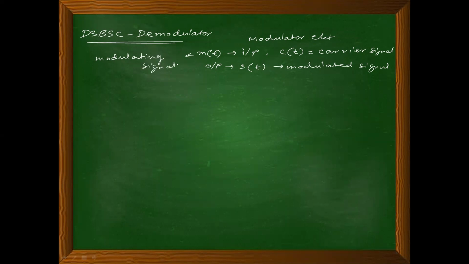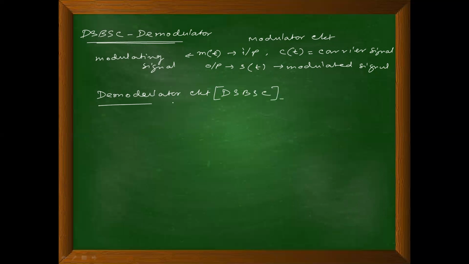In the modulator circuit, we get the modulated signal from the modulating signal, and in the demodulator circuit, we get the modulating signal from the modulated signal. That's why it is known as a demodulator circuit.